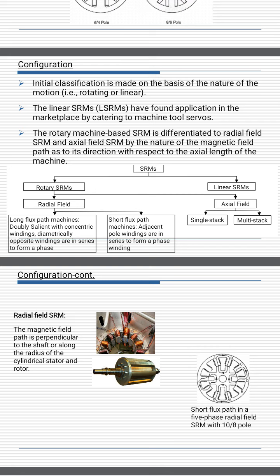Long flux path machines, doubly salient with concentric winding, where diametrically opposite windings are in series to form a phase, and the other one is short flux path machine, where adjacent pole windings are in series to form a phase winding. Whereas when we talk about axial field, it has two types, single stack and multi stack.